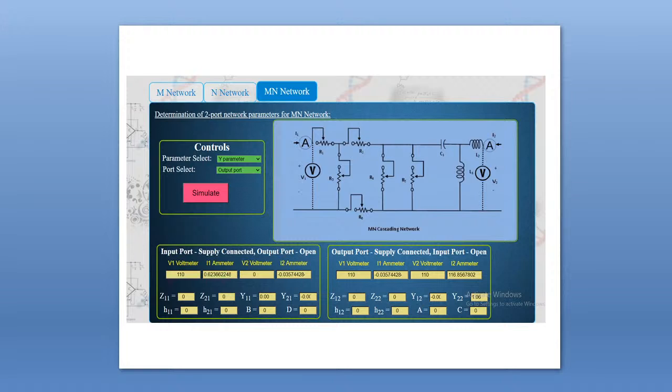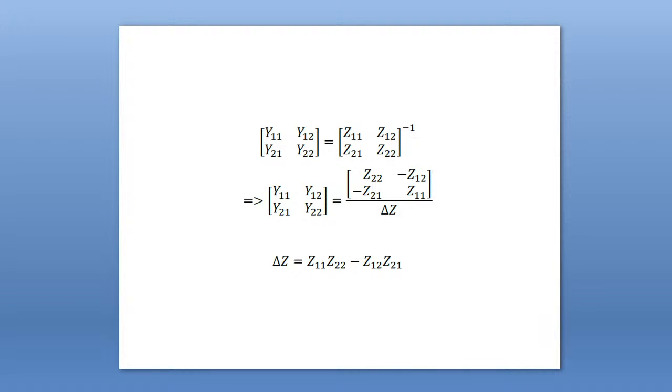Arijit, now you verify. Just calculate the values of the y parameter from the z parameter. You know the z parameter values; you calculated them in the last lab class. So now calculate the y parameter theoretically from the z parameter. Let me share the relationship between y and z parameter which I derived in the last theory class. In the present slide, I have given the relationship.